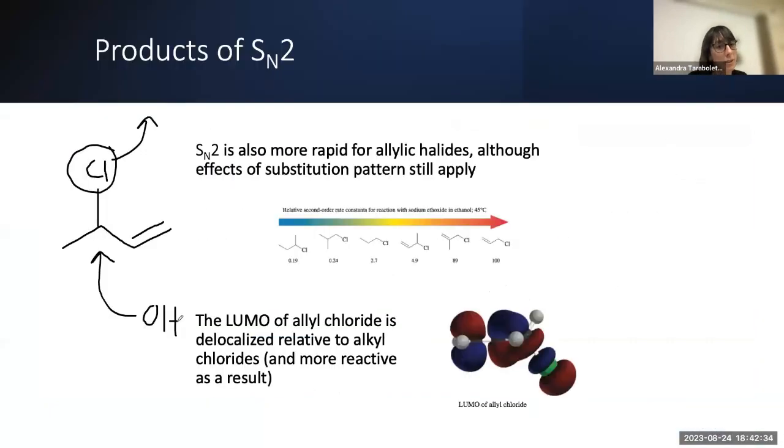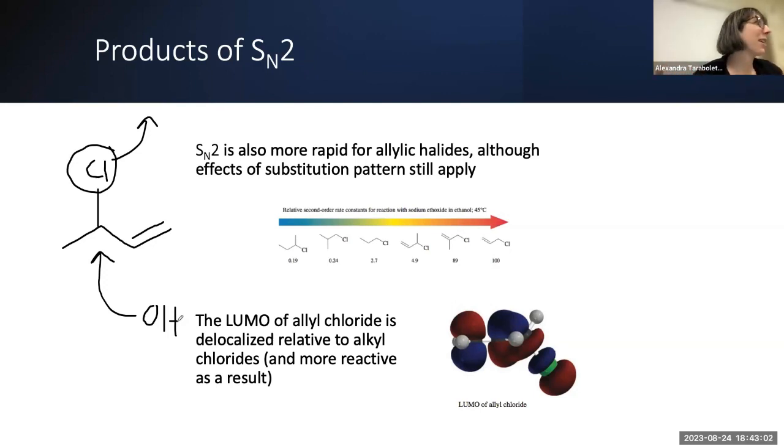Now, what the slide says, which is true, is that the process of this happening is still somewhat stabilized by that double bond nearby, even though there's never a true allylic system formed with resonance occurring. So SN2 reactions still go a little bit faster if they happen next to a double bond.